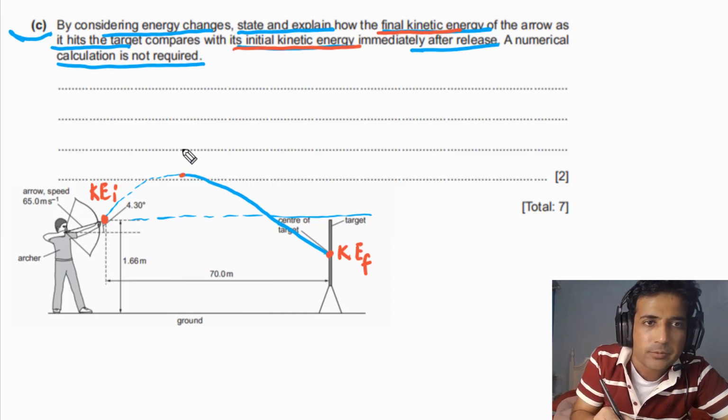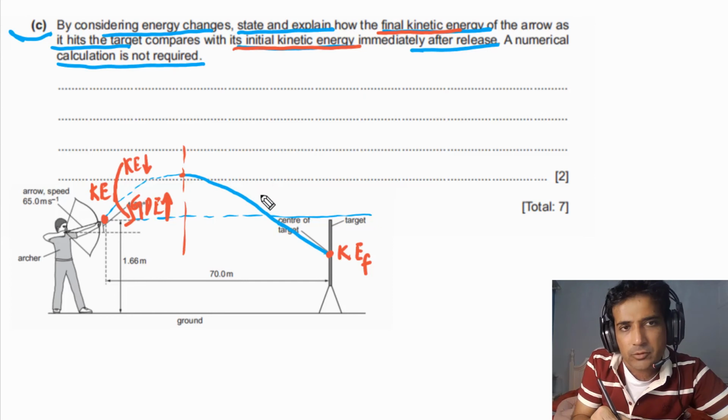Now if you look at the motion of this one, when this arrow is moving up, the arrow will gain GPE, meaning its gravitational potential energy will increase, but its kinetic energy will decrease. So simply we can say kinetic energy decreases. In this case, kinetic energy will be converted into GPE.